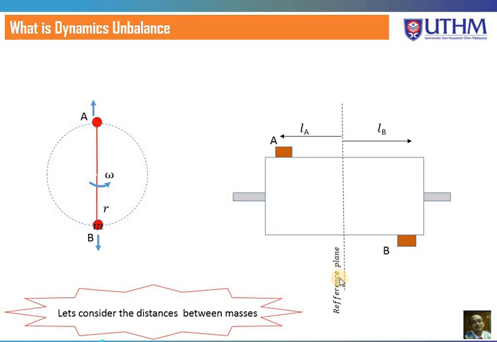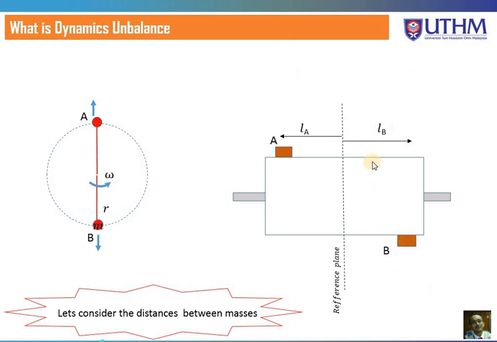The distance from A to the reference plane is LA, and from mass B to the reference plane is LB. Of course A will create a moment or couple, the centrifugal force times LA, and the centrifugal force of B times LB will create a moment or couple.